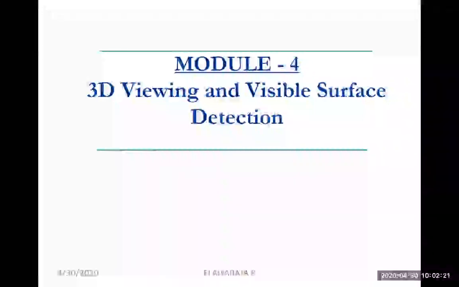In module 4 we are going to discuss 3D viewing and visible surface reduction, and in visible surface reduction we are going to see a few algorithms. First, let us start from 3D viewing.